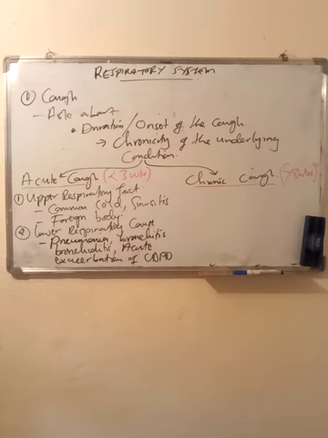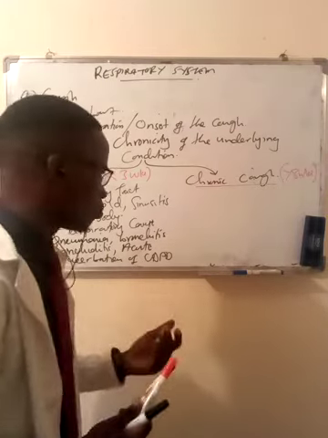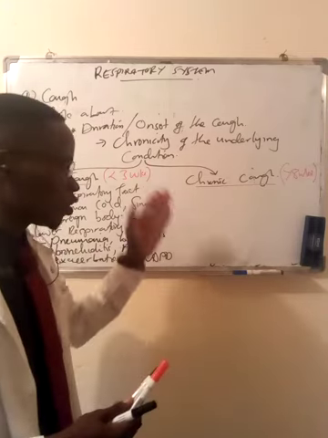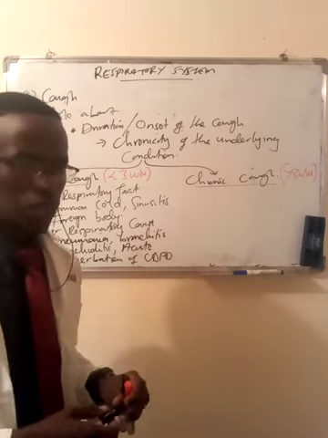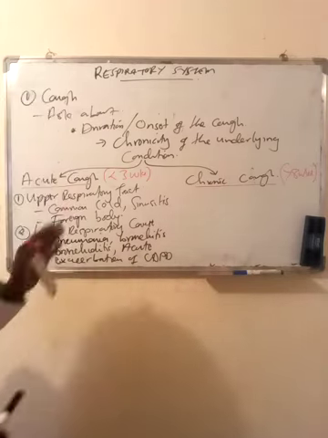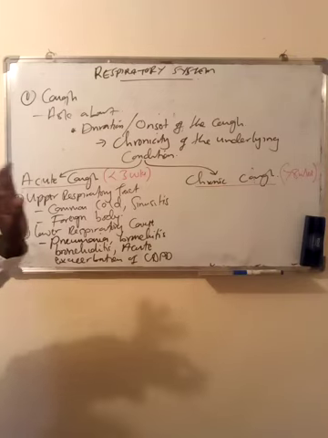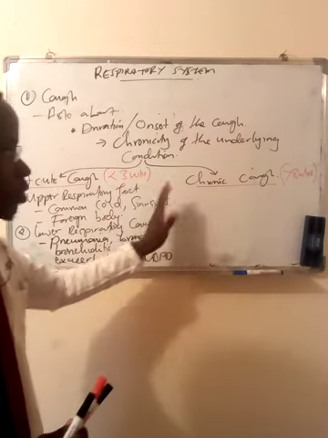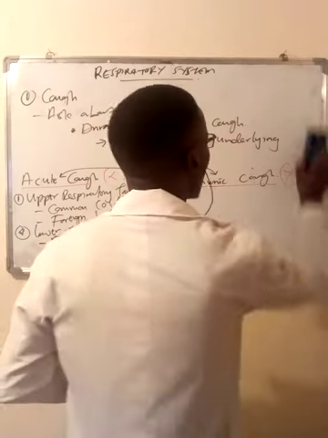Now, what can cause chronic cough? COPD can cause chronic cough. TB can cause chronic cough. Even chronic bronchitis, and things such as lung cancer, bronchiectasis, all those can cause cough.